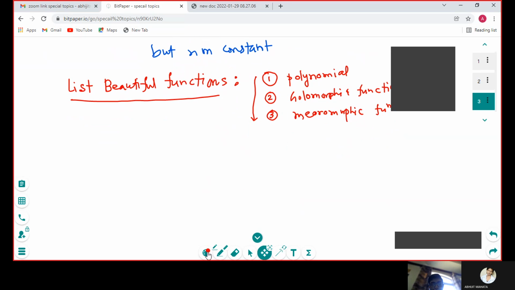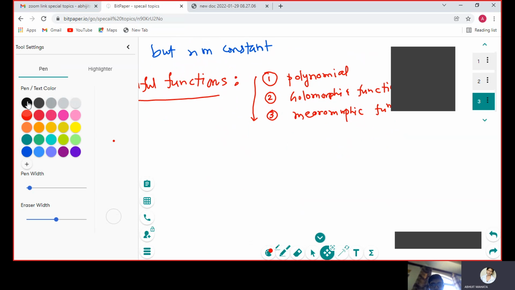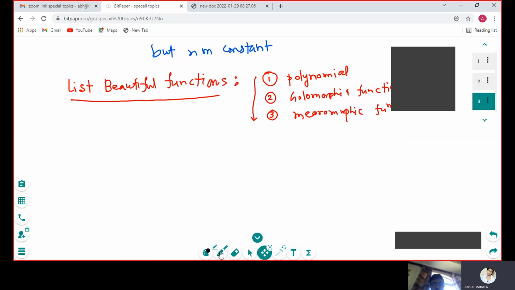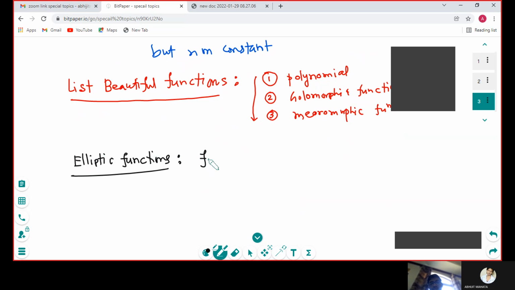Right. So let me tell you about elliptic functions. If you have a function with two periods, then you call it an elliptic function. This type of situation: f of z plus w1 equal to f of z, right?